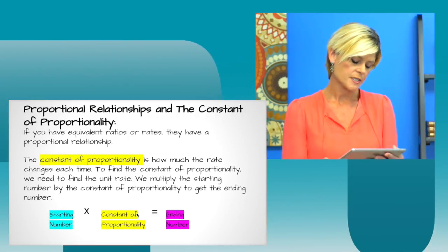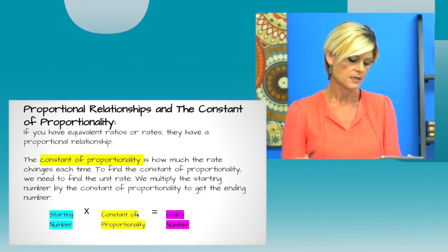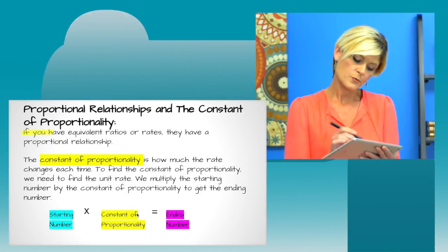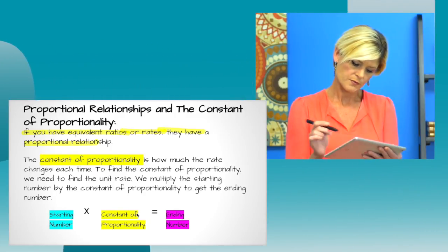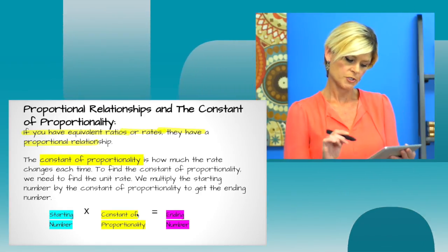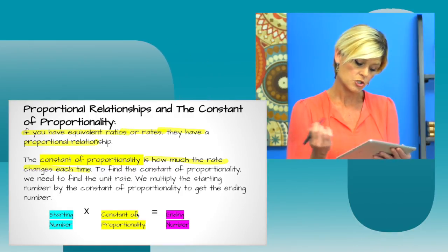Okay, now I want to take a minute to talk about proportional relationships and the constant of proportionality. If you have equivalent ratios or rates, they have a proportional relationship. We've just established that. But let's talk now about the constant of proportionality. This is how much the rate changes each time.